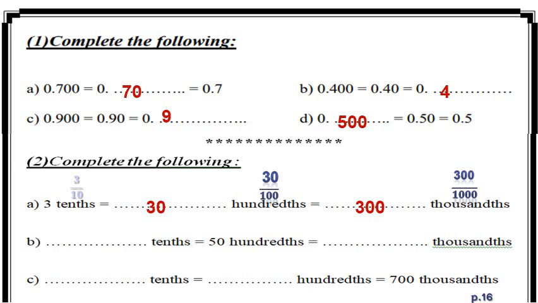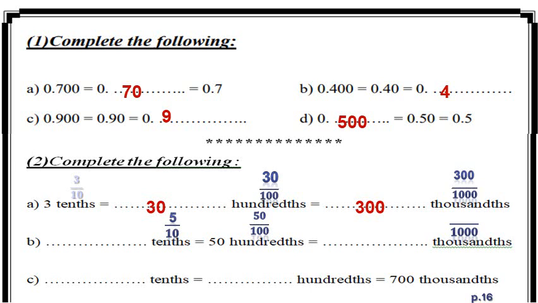In letter B, here I have dots tenths, which means over 10, equals 50 hundredths, which means 50 over 100, equal dots thousandths, which means over 1000. And now let's fill the empty spaces. I have here dots over 10 equal 50 over 100. The 100 to be 10, so we will remove one 0.